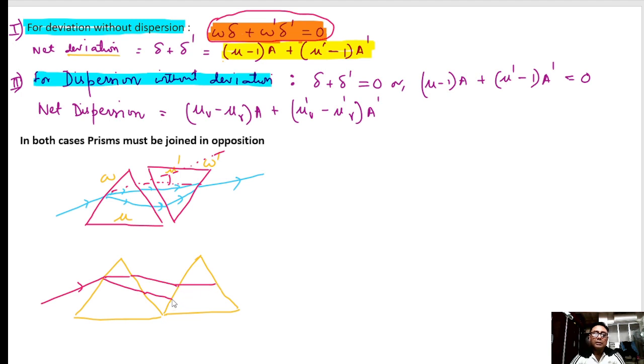Again, so the ray will come out like this.